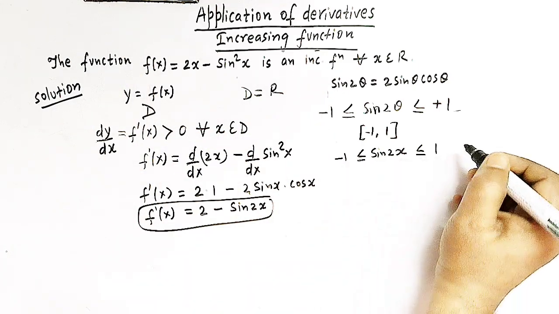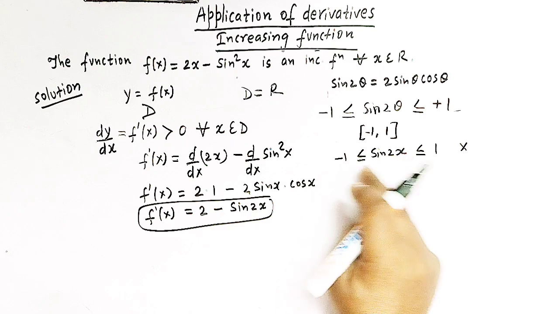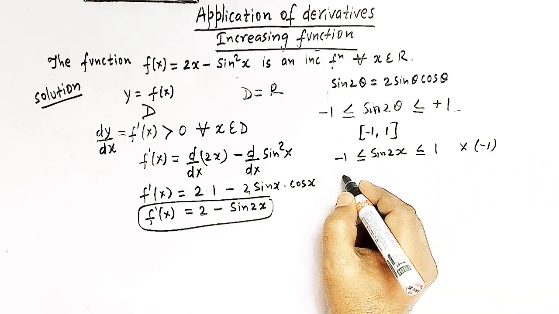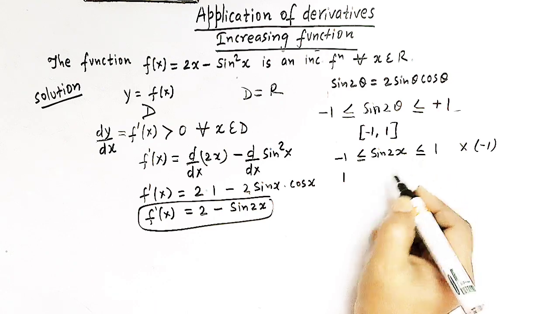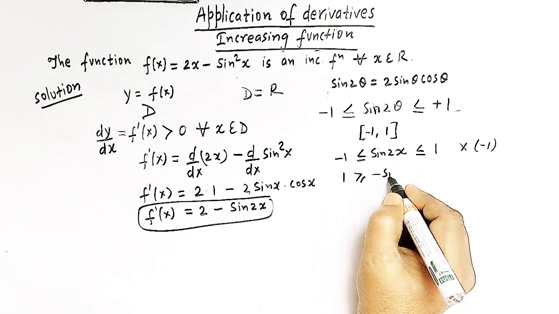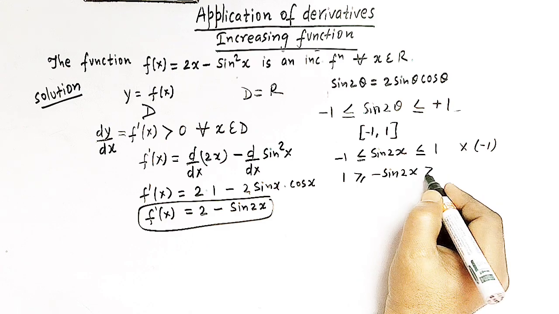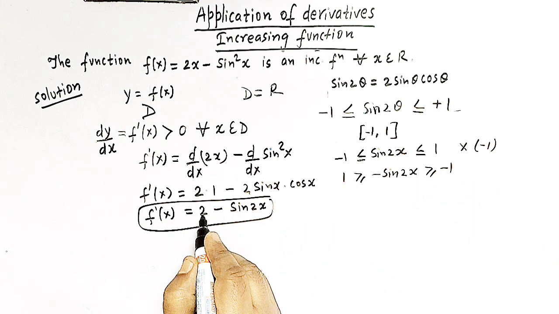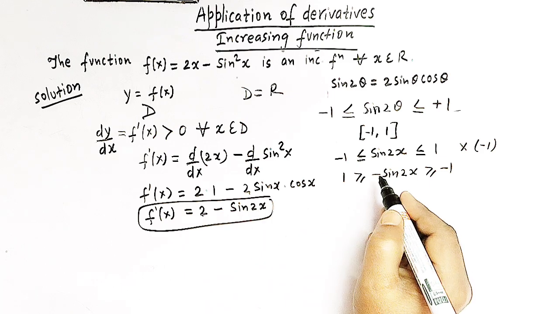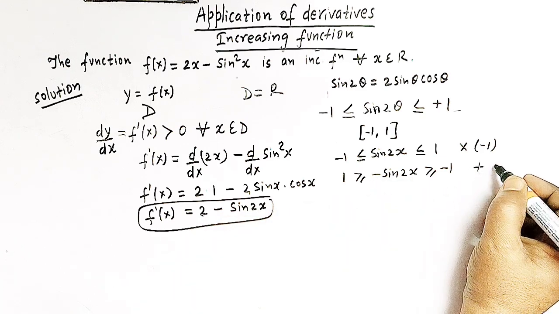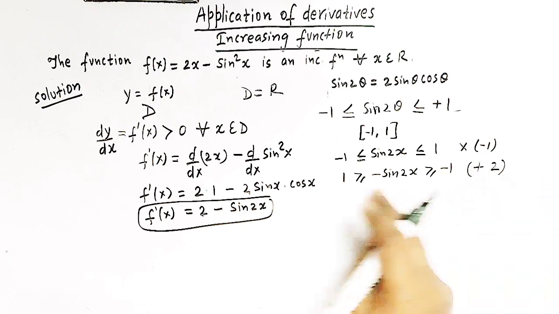So let us multiply this inequality throughout by -1. So here we have +1 and the direction of the inequality gets reversed. So here we have minus sine 2x and here we have -1, right? So now we want the expression 2 minus sine 2x, so to get this expression, let us add 2 throughout, right?